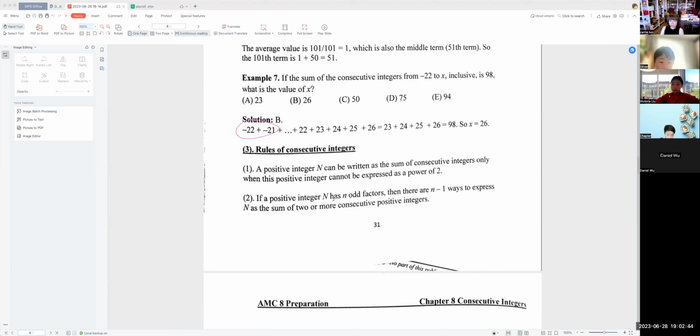If the positive integer n has n odd factors, then there are n minus 1 ways to express n as a sum of 2 or more consecutive positive integers.